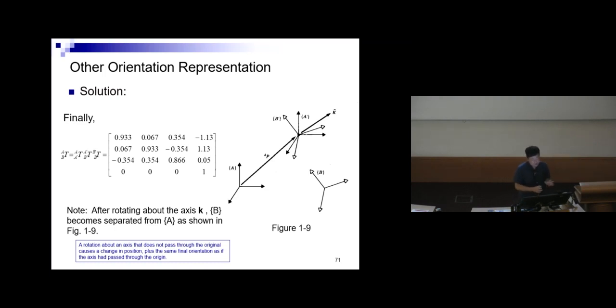If you look at this, you can see that after rotating about the axis K, which is not through the origin, the frame B is actually separated from A. So they are no longer aligned. They are no longer attached.